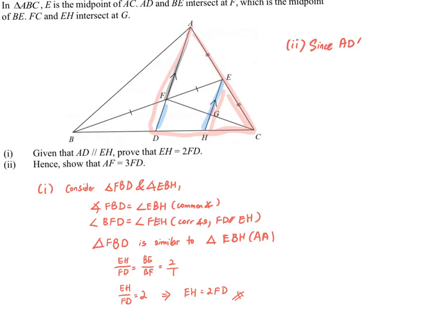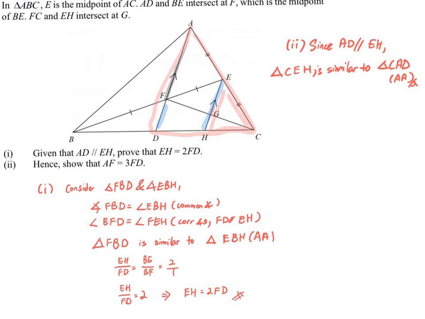Since AD is parallel to EH, triangle CEH is similar to triangle CAD, again by the AA similarity property.